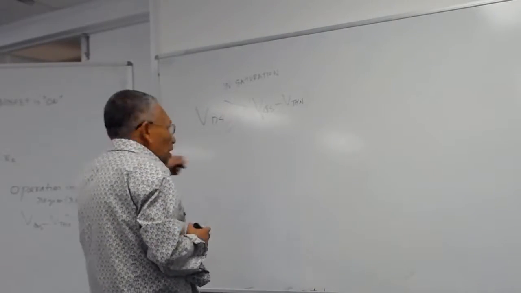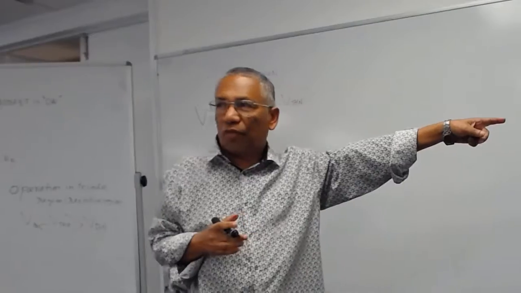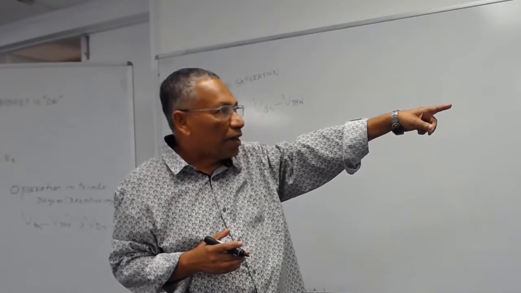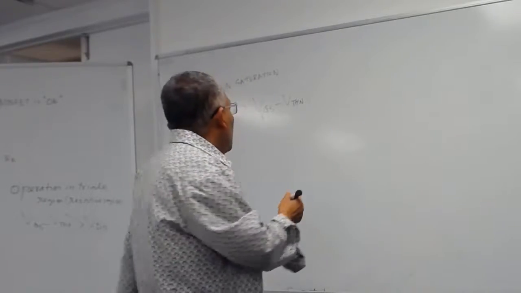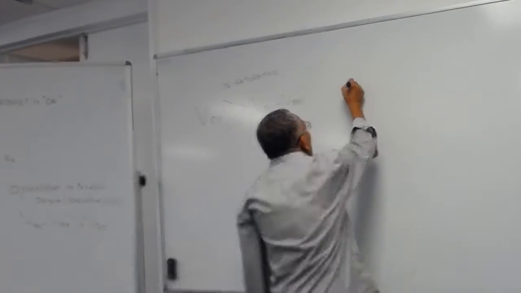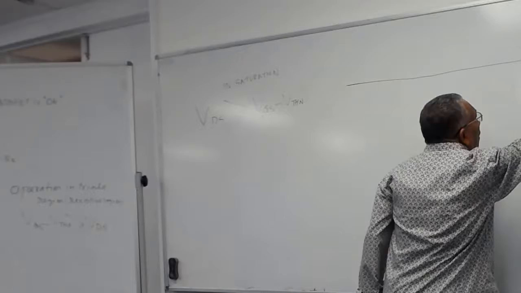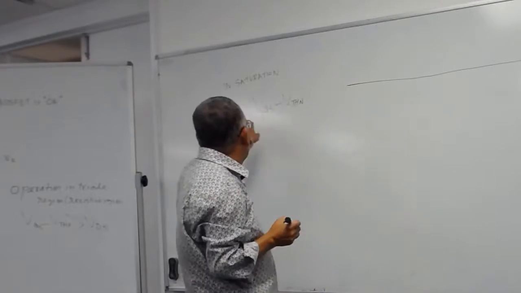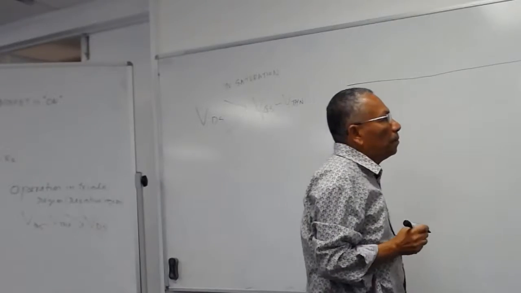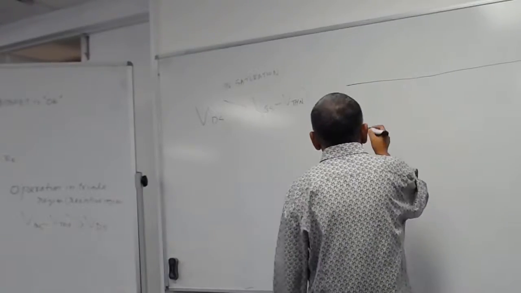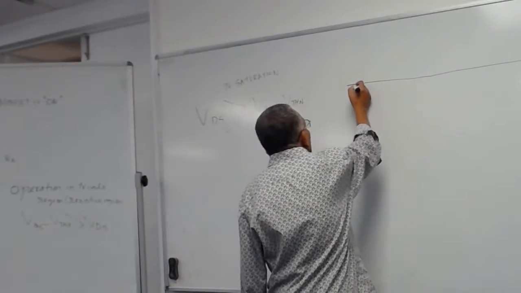So we can draw another diagram like this. Instead of drawing a diagram with charges, I'll try to make it very simple to save time. Just a simple diagram where you have VDS larger than or equal to VGS minus VTH. So this is again your transistor.